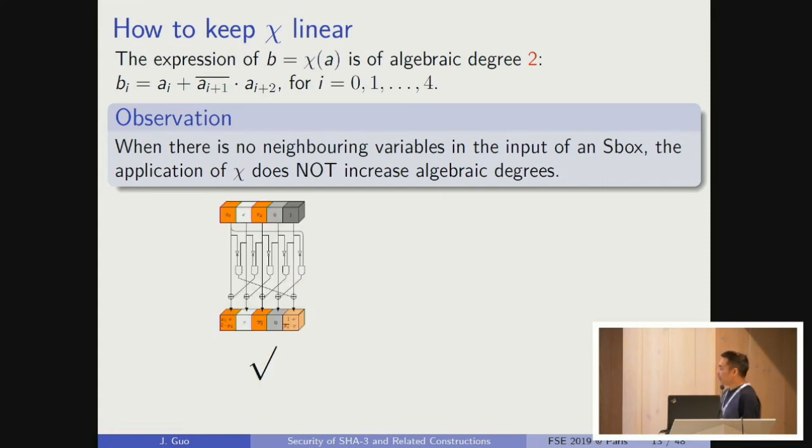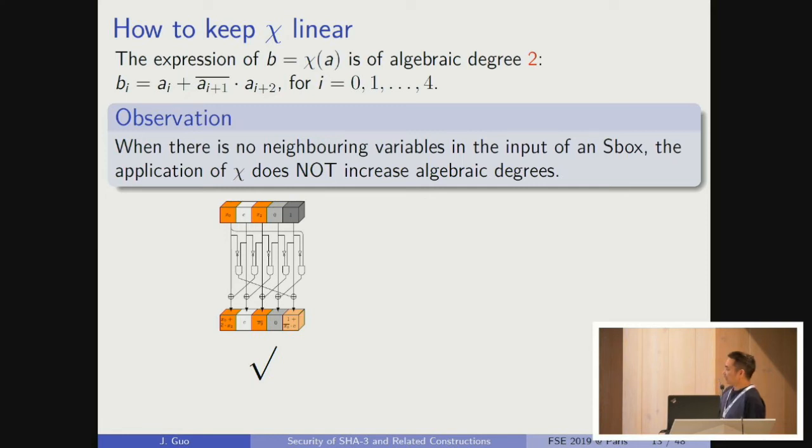So for example, if we choose the first and third bits of the S-box to be variables and the rest to be constants like 0s and 1s, if you calculate the expression of the output bits, they will be variables, constants, and might be a variable or constant here, depending on the input constants.